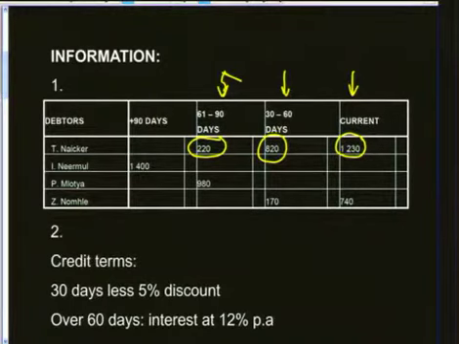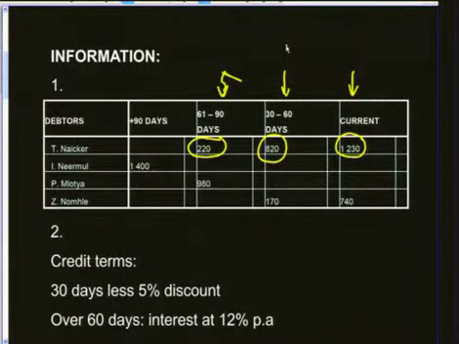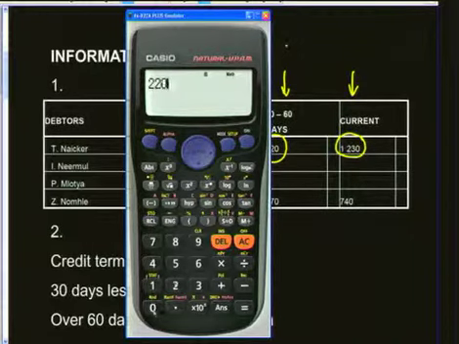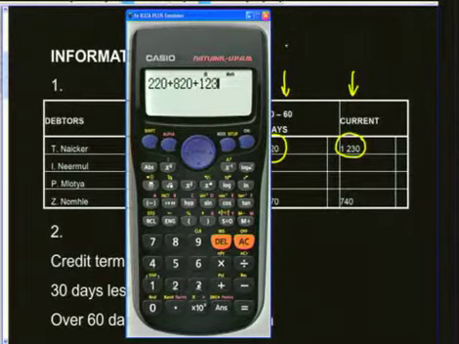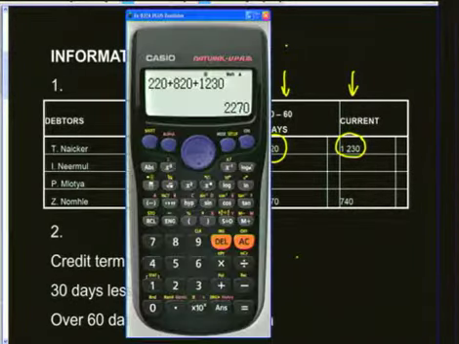And what are we going to do? Right, so the amount that's outstanding to me is 220 plus 820 plus 1,230. That's the one debtor. Okay? There's another amount of 1,400 outstanding. So, plus 1,400 is equal to that.